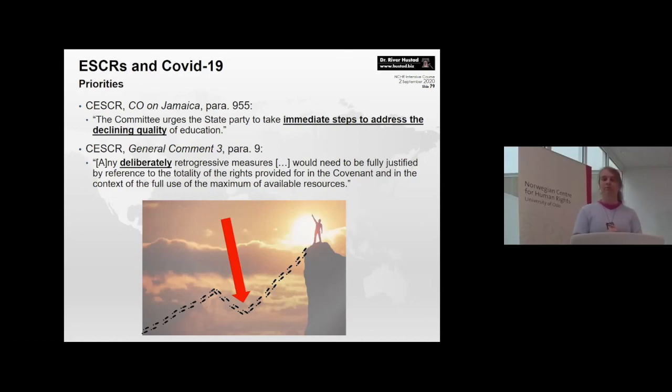So perhaps this virus may actually cause some deliberate retrogression. As people are quarantined, it hurts the economy, which causes people to lose jobs, which dominoes, and people have less money and they might be more hungry. All of the rights are affected. So there might actually be retrogression there, and states would be required to explain to the committee why there is retrogression.